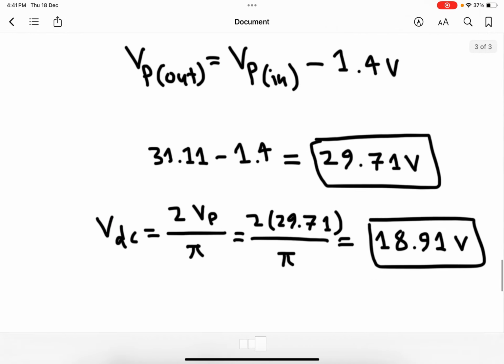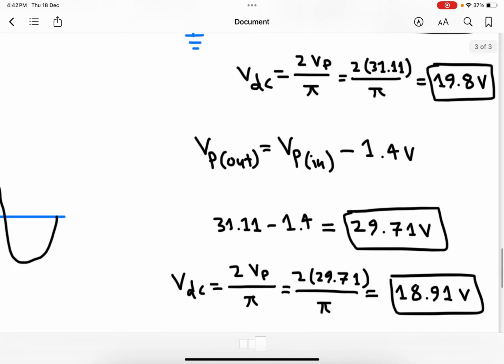So it will be 31.11 minus 1.4, which is equal to 29.71 volt. So the DC voltage equals 2 multiplied by peak voltage divided by pi, which is equal to 2 multiplied by 29.71 divided by pi. So it will be equal to 18.91. I hope you see the difference between the second approximation and the first one.